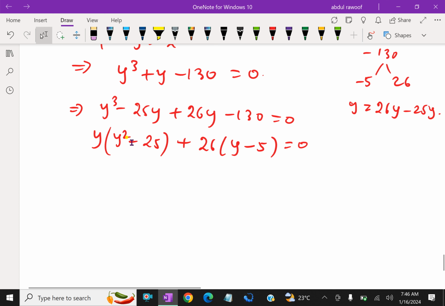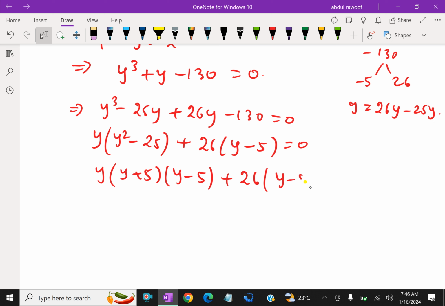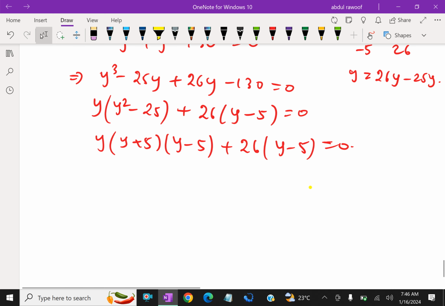Further, we know that 25 can be written as 5 square. So by difference of squares, y square minus 25 can be written as y plus 5 into y minus 5. Then 26 into y minus 5 equals 0. Further factorizing, the common factor is y minus 5.